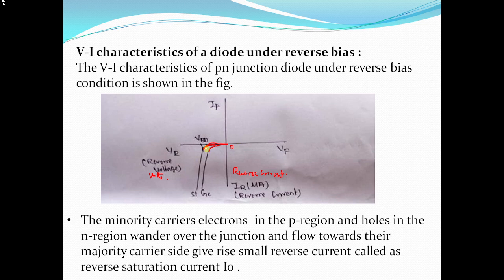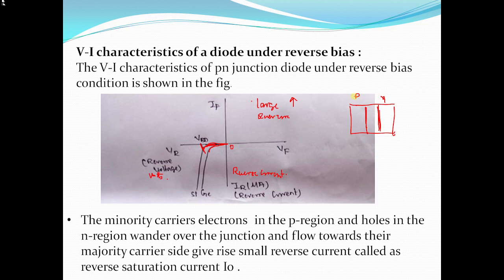Next, when the reverse bias increases, so if I give large reverse bias, see here, this is the P-type semiconductor and this is the N-type semiconductor and this is the depletion region.